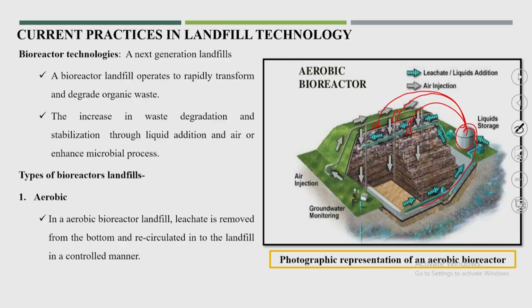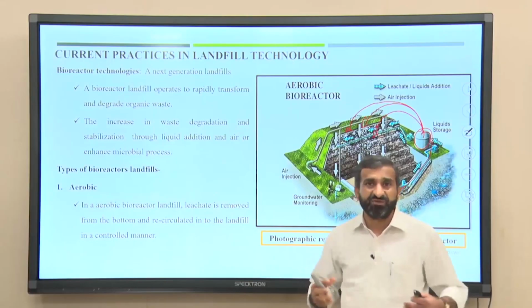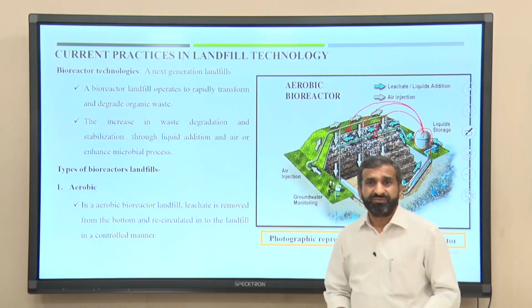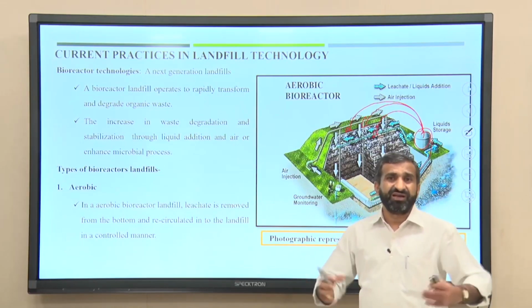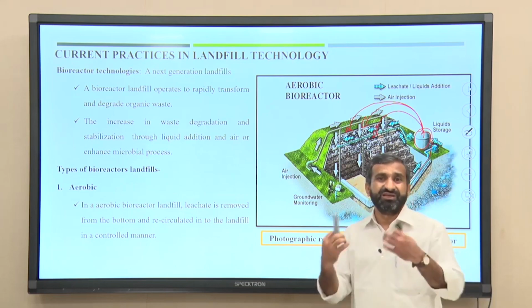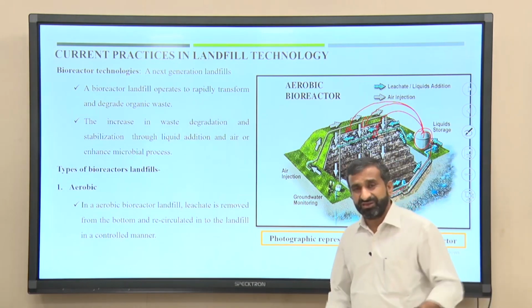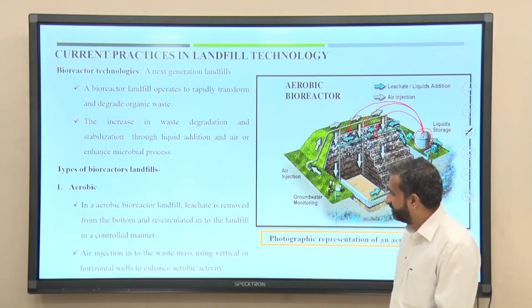You know that in aerobic conditions the degradation can be very fast, so the entire waste material will get degraded, and the leachate is also consumed for the degradation process and the growth of microorganisms.